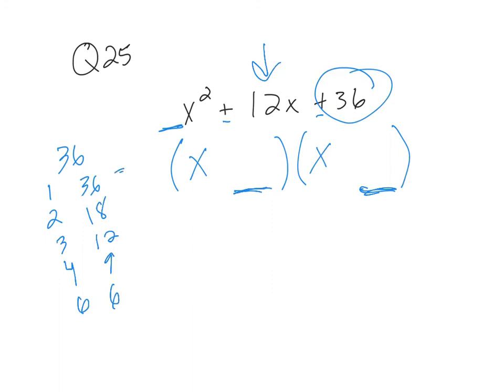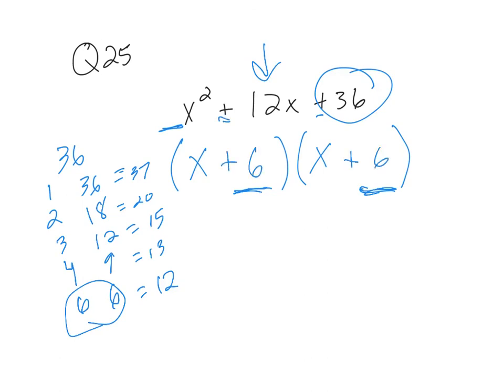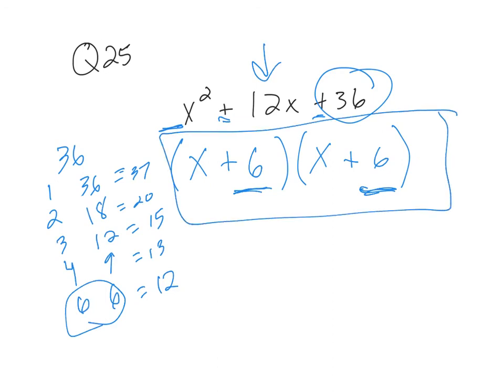Well, 1 plus 36 is 37, 2 plus 18 is 20, 3 plus 12 is 15, 4 plus 9 is 13, 6 plus 6 is 12. So I know my winning pairs are going to be 6. They're both going to be positive because both of these signs are positive. So this is your factored form of that expression.